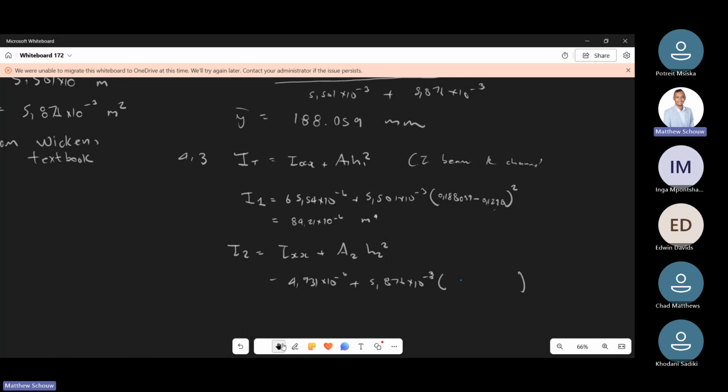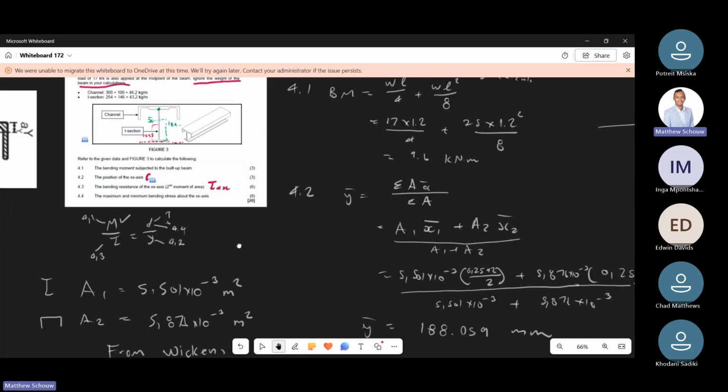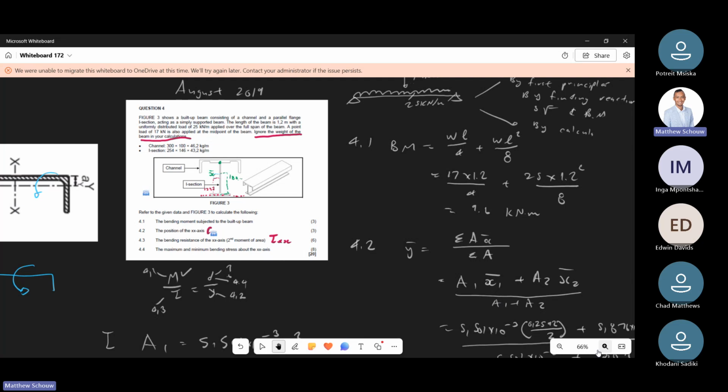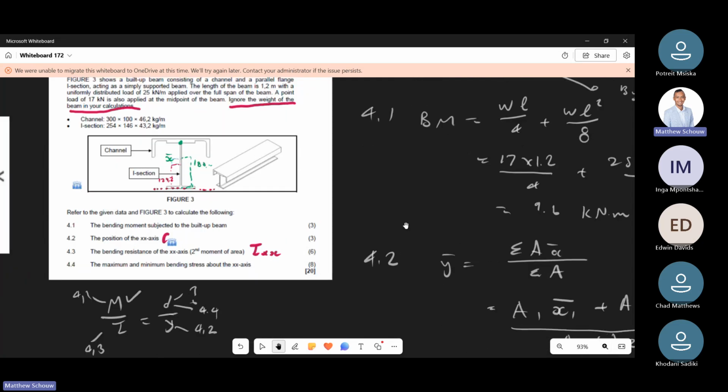Like I said, it's from the center of the individual element to the center of the whole assembly. Let me remove everything here to make it easier, and zoom in a bit more.